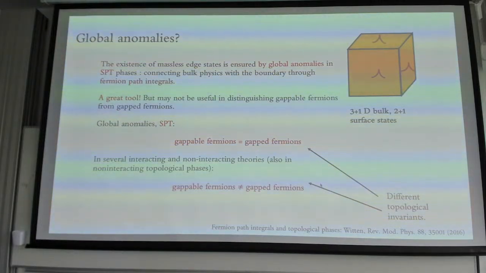Again, it's a great tool, but it may not be useful in distinguishing gappable fermions from gapped fermions, because from the perspective of global anomalies, these two are the same. So it has a corresponding topological invariant. But in several interacting and non-interacting theories, these two are not the same thing. And so you would want a different topological invariant if you want to distinguish between the two cases.